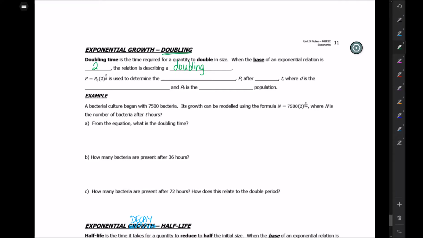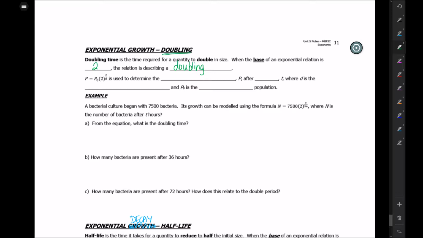So an example of that would be a population of rabbits that's doubling every certain amount of time because the rabbits are reproducing. Or you have a type of cell that's doubling every certain amount of time because the cells are multiplying. They're splitting up from 1 cell into 2, and then the 2 cells split up into 4 cells, and then the 4 cells split up into 8 cells, so on and so forth.